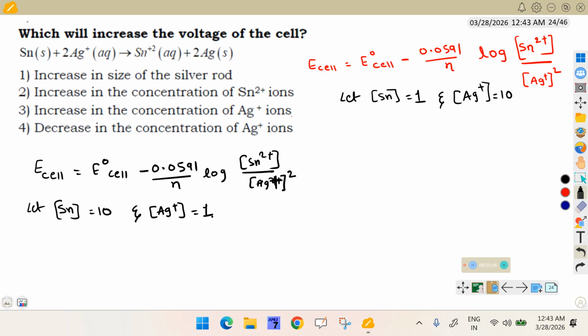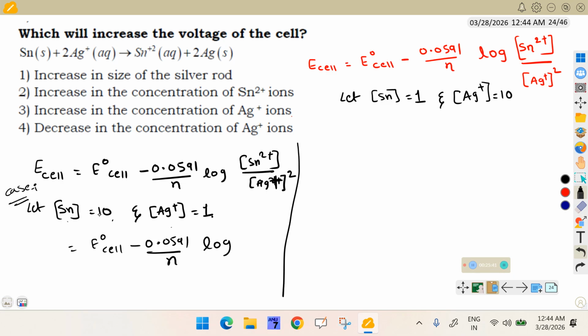According to the given equation, write the Nernst equation. So first case, I assumed the concentration of Sn is 10, concentration of Ag plus is 1. So E naught cell minus 0.0591 by n log of Sn concentration 10, Ag plus ion concentration 1.